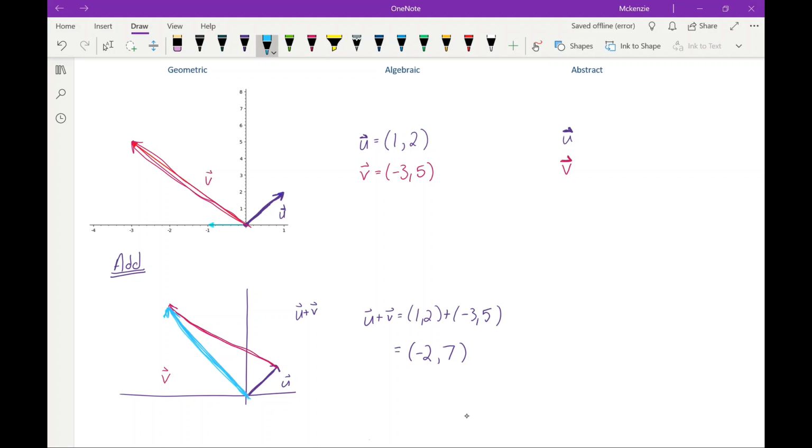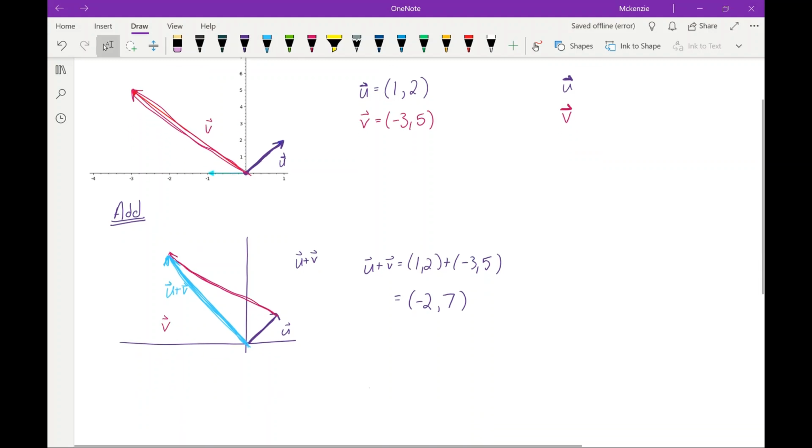So this blue vector here that I've just drawn, that's our u plus v, which ultimately you should get -2, 7. And again, we could also write this abstractly by just saying this is the vector that is the sum of u and v. We could even write w equals u plus v.